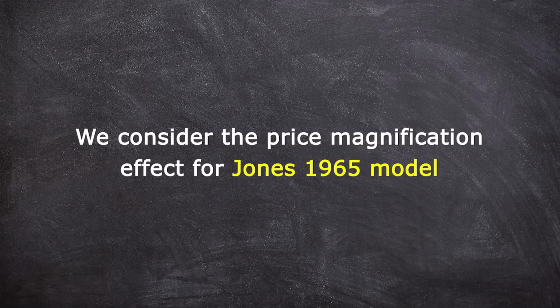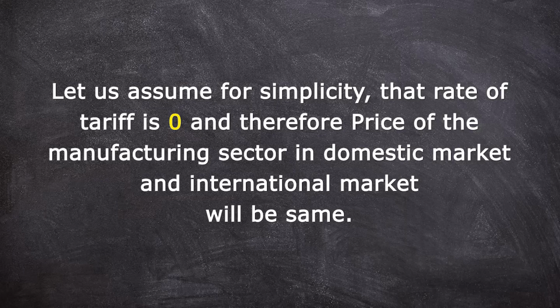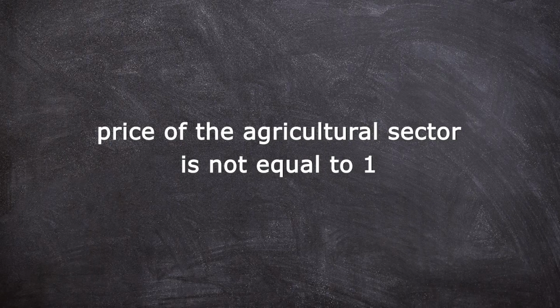Now, we consider the price magnification effect for the Jones 1965 model. Let us assume for simplicity that the rate of tariff is 0 and therefore the price of the manufacturing sector in the domestic market and in the international market will be the same. And for simplicity, we also assume that the price of the agricultural sector is not equal to 1.